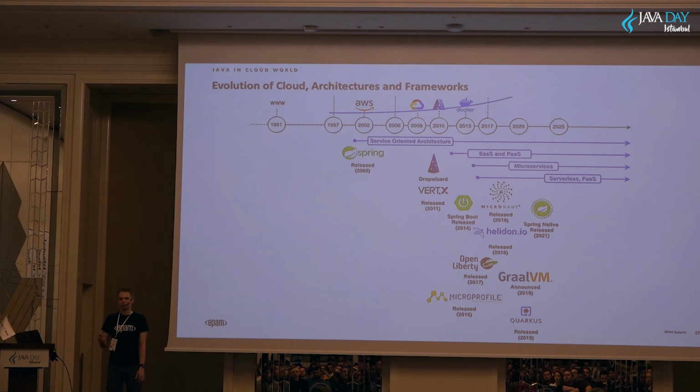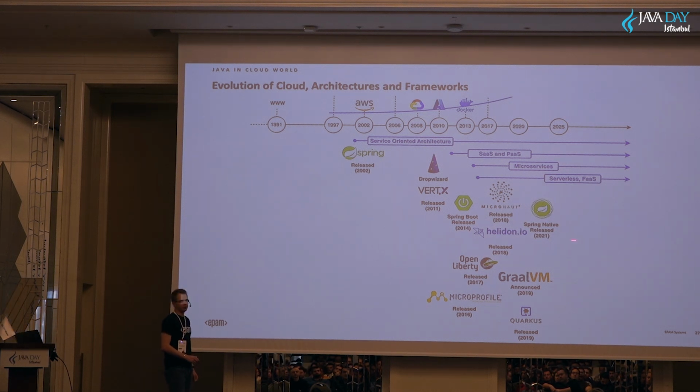Because I believe most of you leverage Spring Boot, and sometimes this framework doesn't provide us the capabilities and options to build serverless approaches, for example. That's why Spring started to create Spring Native, to allow creating fast-starting applications.